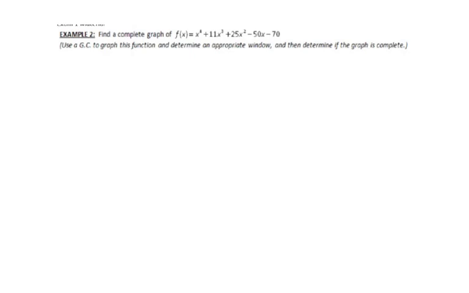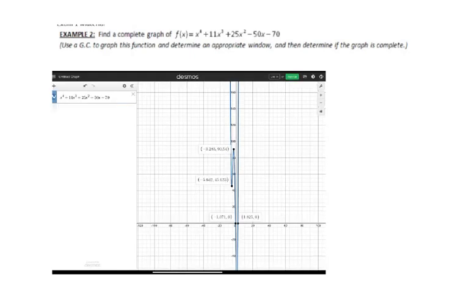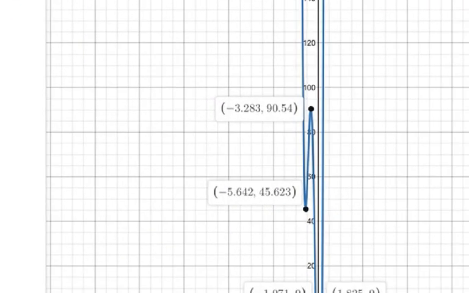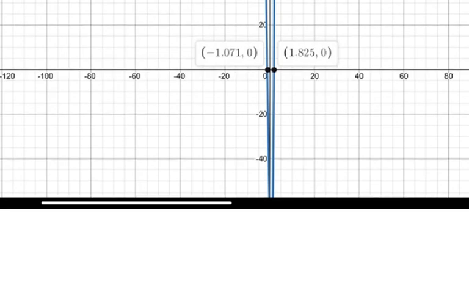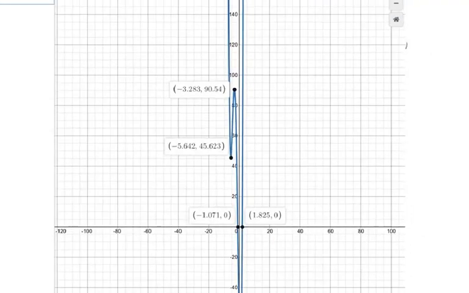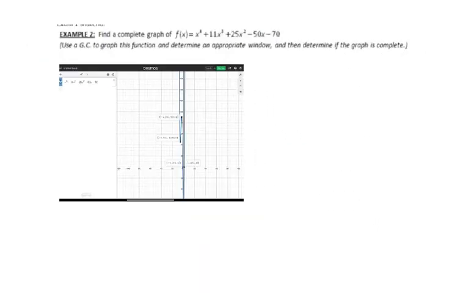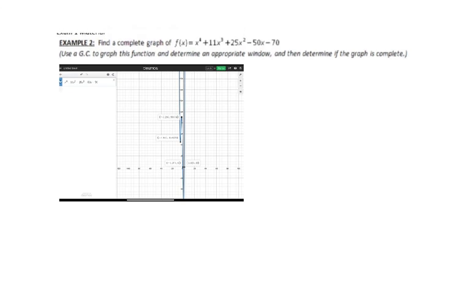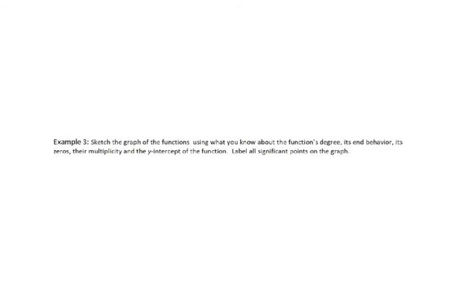So one second. And so here's the graph, and what this is just trying to show you is that if you had zoomed in on a particular point, you may not have seen everything that's going on, okay? And we know this to be the case because if we look at these numbers here, they're pretty big. But that's all that they're trying to stress here.